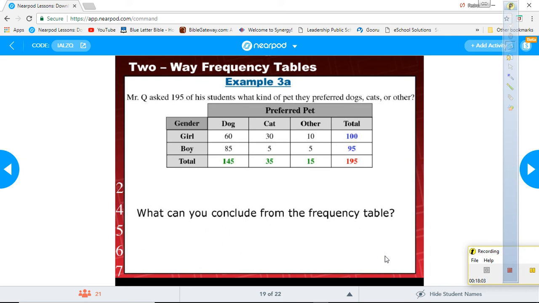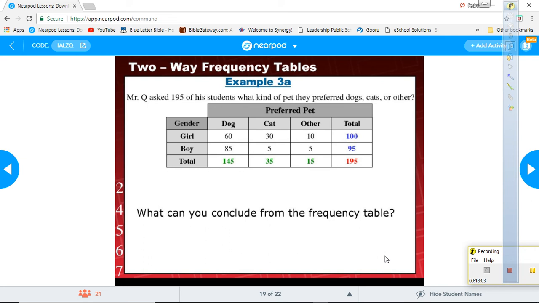Chris, go. Okay, dogs are the most popular pet for the students, okay. Could you give me a straighter sentence, Roman, Aguirre? More people like dogs as pets. Yeah, okay. Something like that.